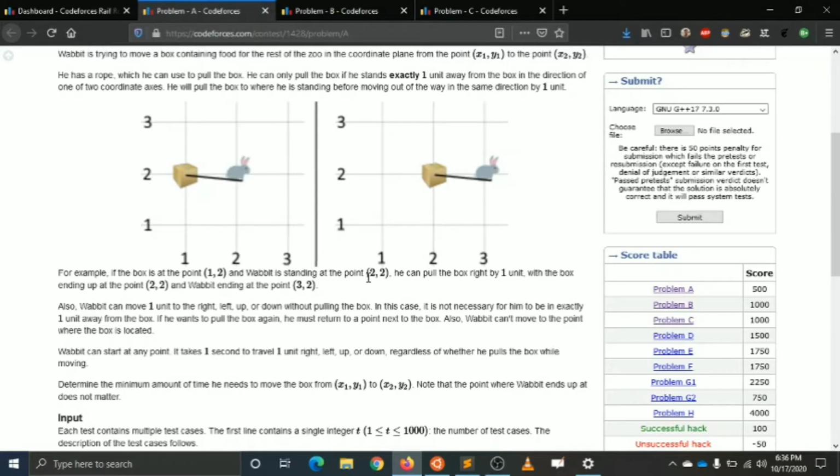That's the concept. And basically you are given 2 points, you have to move that box from one point to another point. That's the problem.